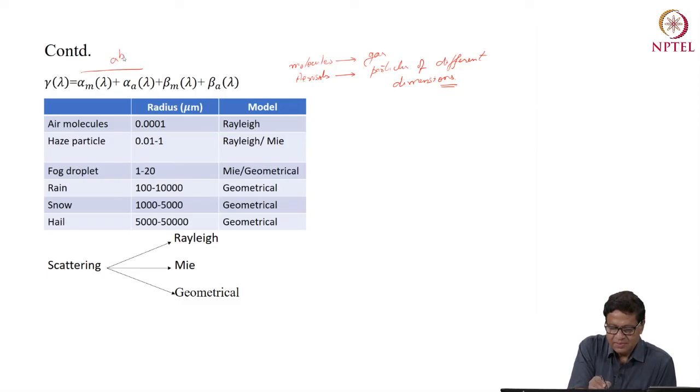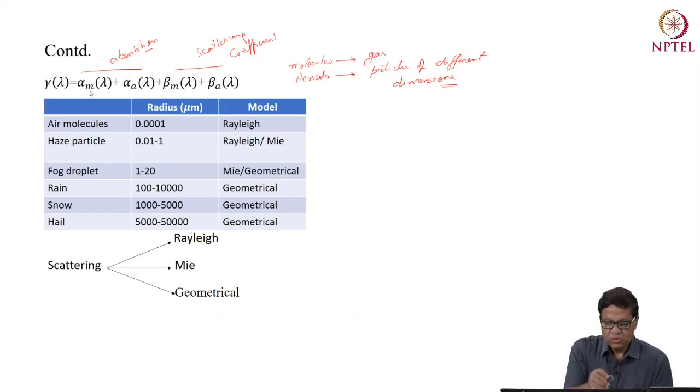So this is absorption. The alphas are the absorption, and these are scattering coefficients, betas. So alpha M lambda is actually molecular absorption, for the gases which are present in the atmosphere.